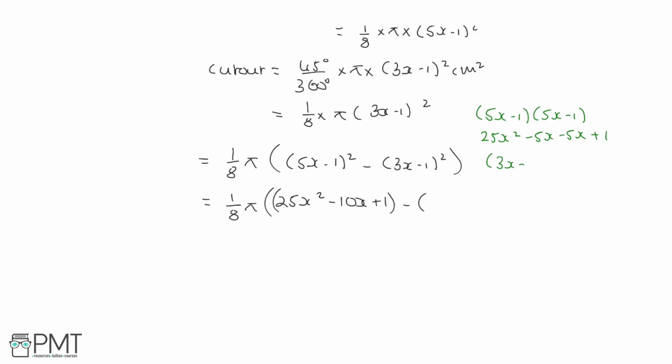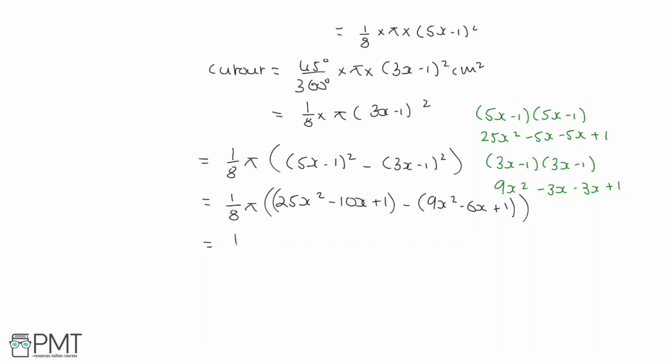So we have 3x minus 1, 3x minus 1. We have 9x squared minus 3x plus 1. Because again we're doing 3x times 3x, 9x squared, 3x times minus 1, minus 1 times 3x, and minus 1 times minus 1. So that's all good. This is going to be 9x squared minus 6x plus 1. There we go, like that.